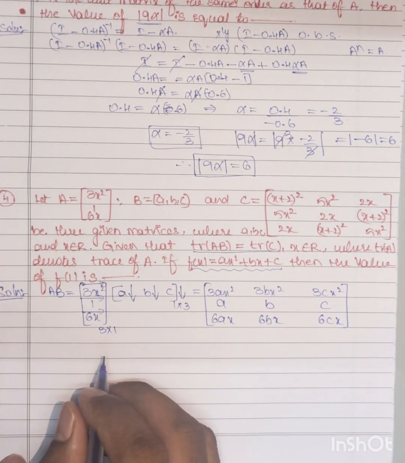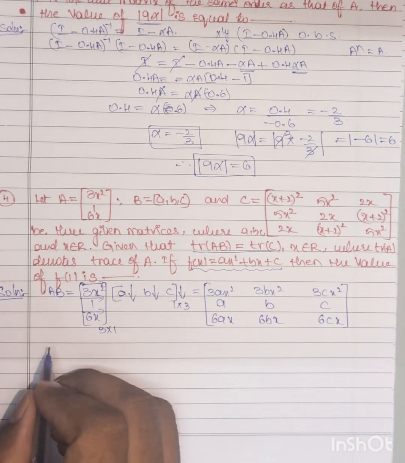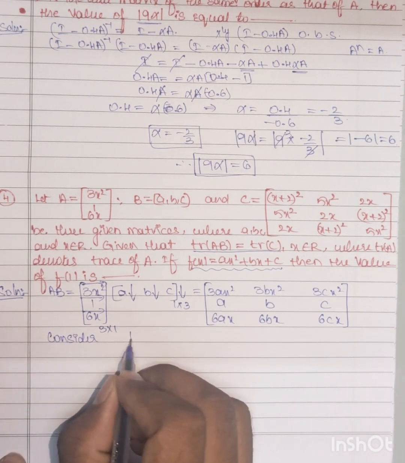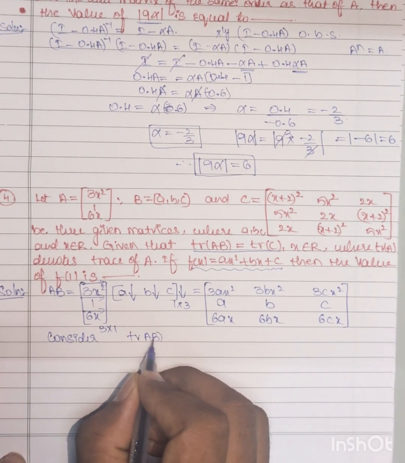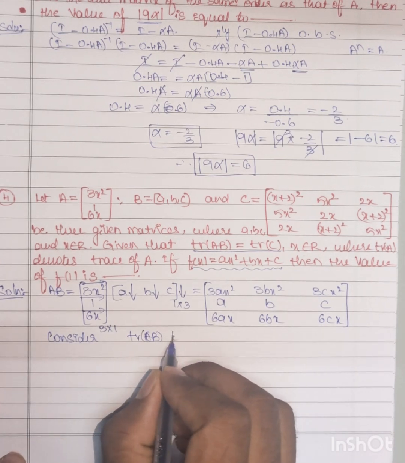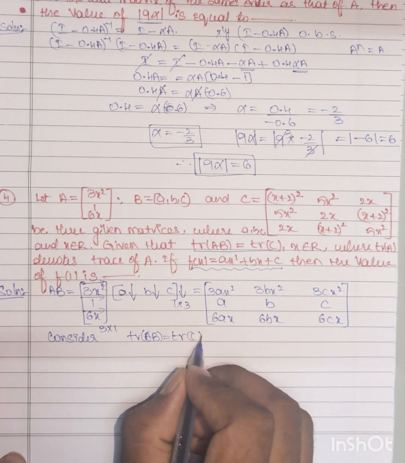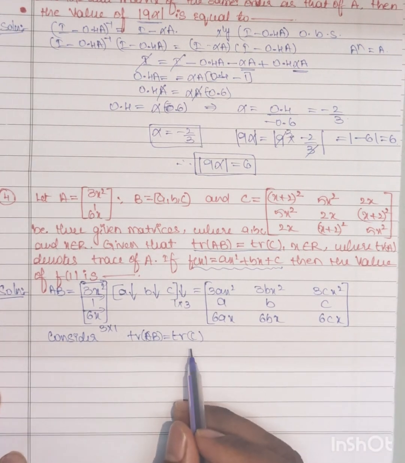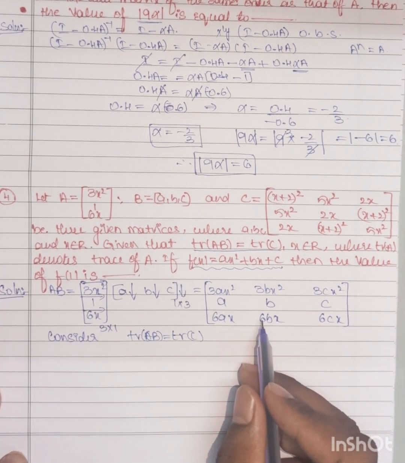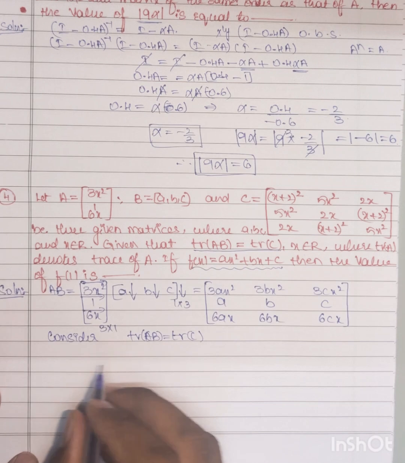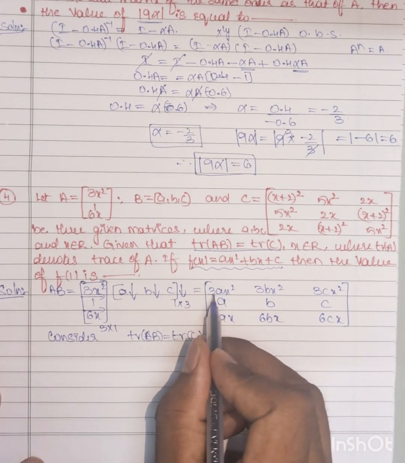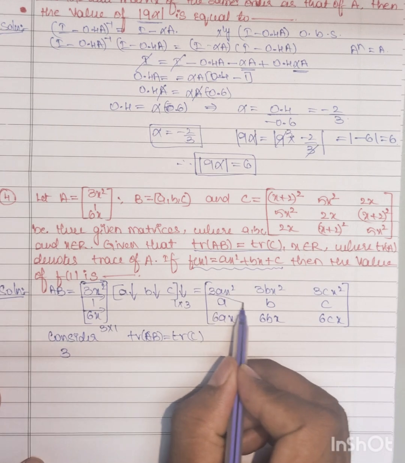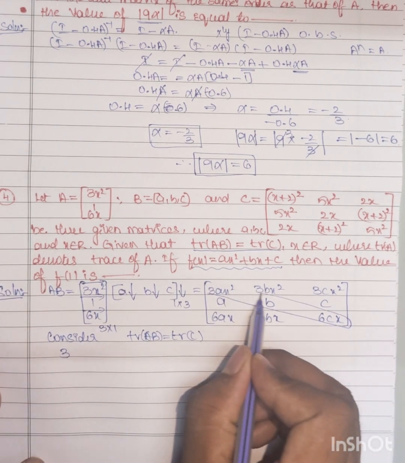Okay. Now I will find the trace of matrix AB. What is the given condition? Trace of AB is equal to trace of C. Since matrix C is given, we can directly find trace of C. Just now I found matrix AB, so trace of AB is the sum of all the principal diagonal elements. The principal diagonal elements are 3ax², b and 6cx.